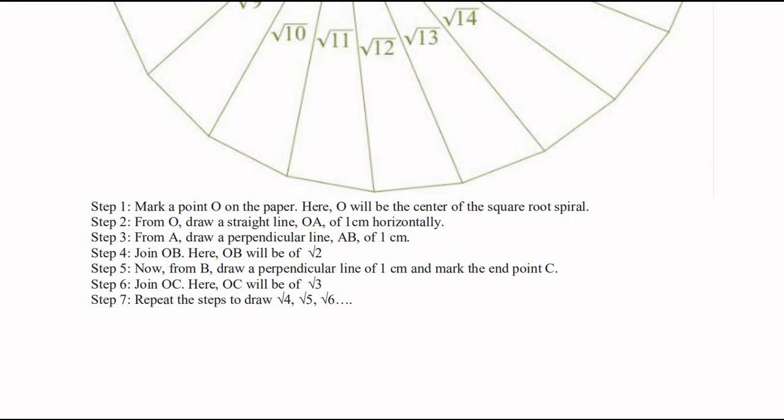From A, draw a perpendicular line AB of 1 cm. Step 4. Join OB. Here OB will be root 2. Step 5. Now from B, draw a perpendicular line of 1 cm and mark the endpoint C. Step 6. Join OC. Here OC will be root 3. Step 7. Repeat the steps to draw root 4, root 5, root 6 and so on.